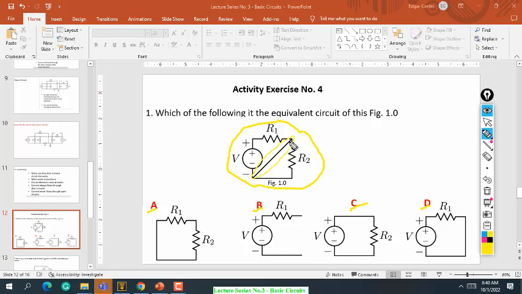This is a short circuit, no? Unsa kaha ang mahitabo sa short circuit? Ako ning i-reason, para maklaro na. Current flows through a short circuit, no? So what would be the current flow if that would be the theory?